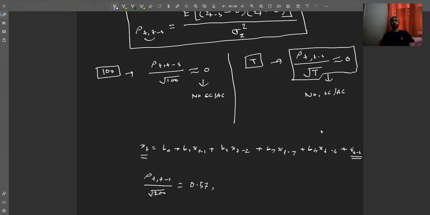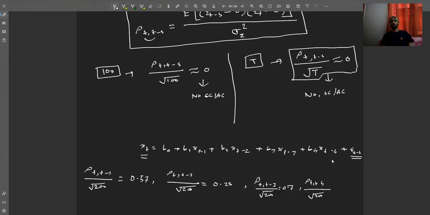Similarly, for t minus 2 root over of 200, this value comes to be 0.25. Similarly, for the other two variables, it comes to be 0.7 and 1.1, right? So these are the values. Now, how do you know which?